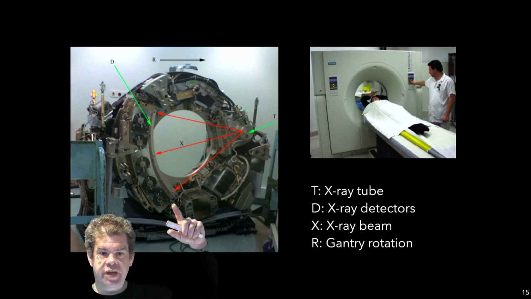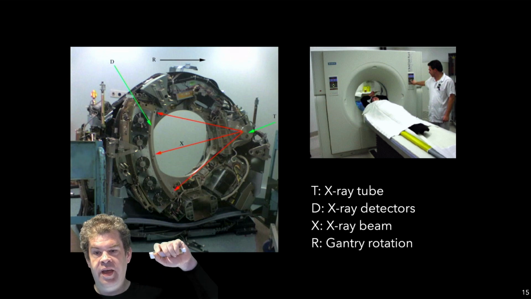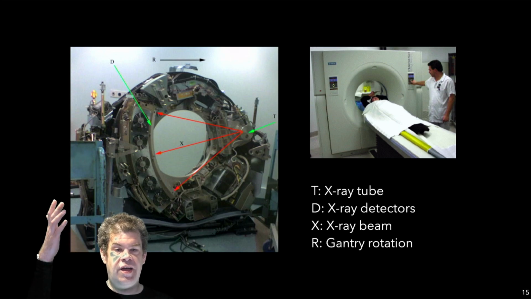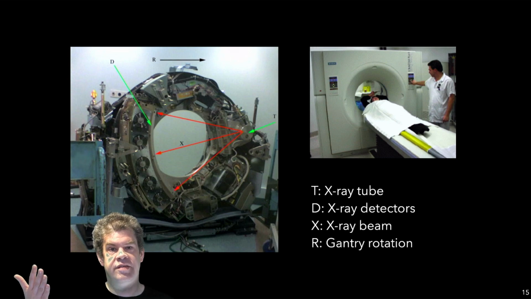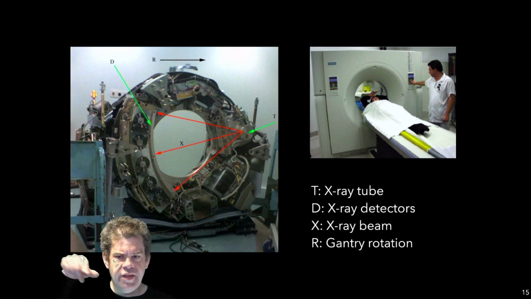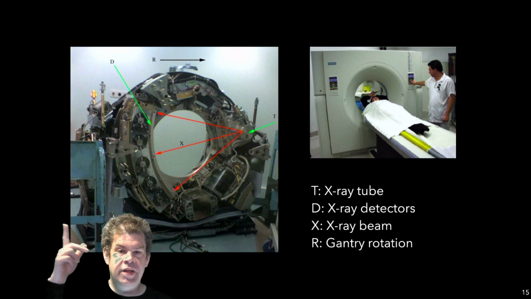So what you get is a rotating object that has X-ray emitters on one side. That's shown here on the right side. So for instance, these X-ray tubes that I just mentioned. And on the other side, it has detectors, devices that can detect X-ray radiation. And then the whole thing rotates pretty quickly and emits X-rays.